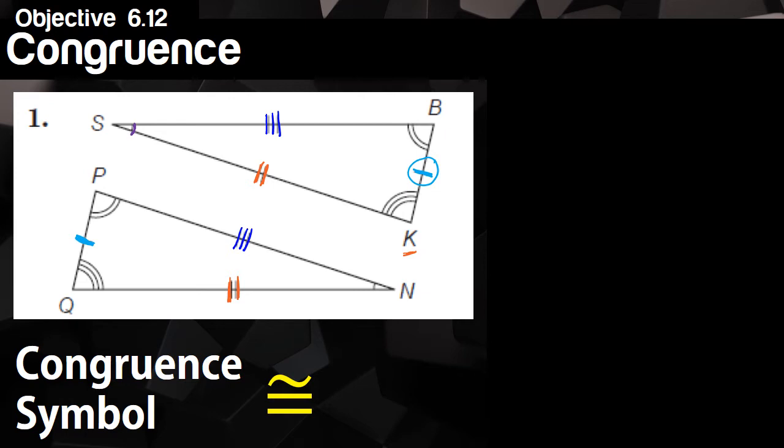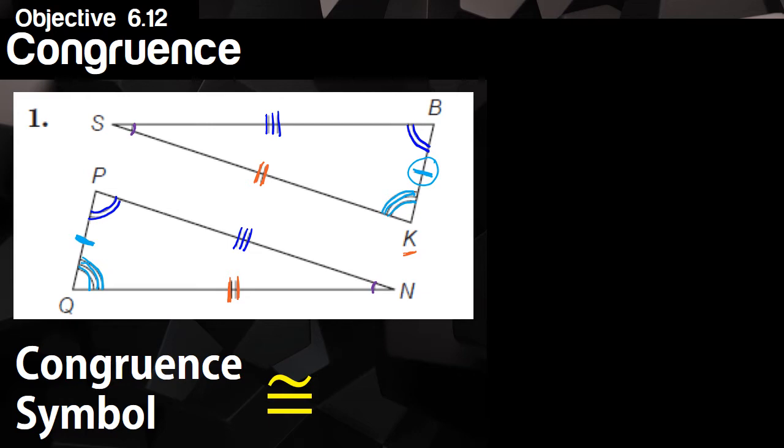We have one arc at S that matches up with the arc on N. And then here's two arcs on B that matches up with two arcs on P. And last but not least, we have three arcs at K, which is going to match up with three arcs on Q.